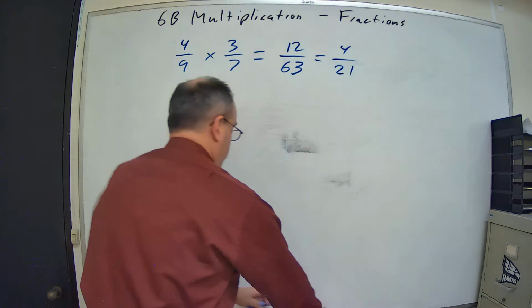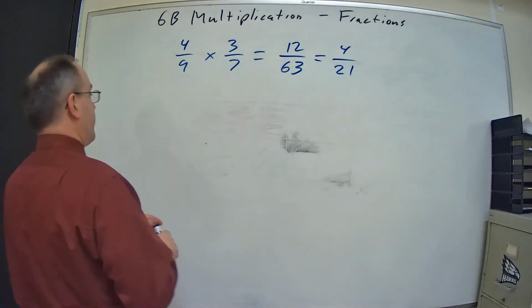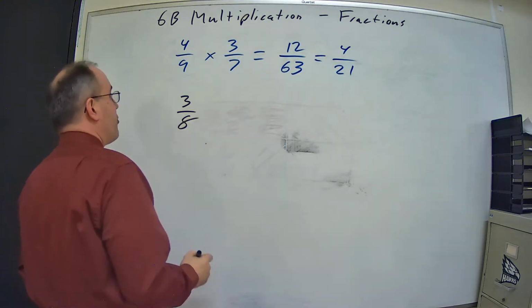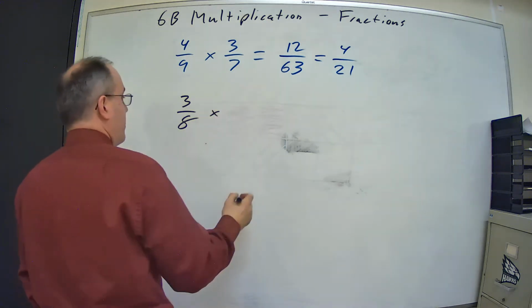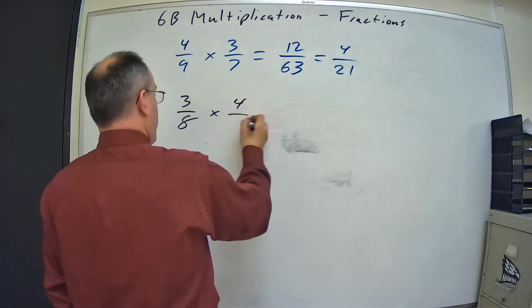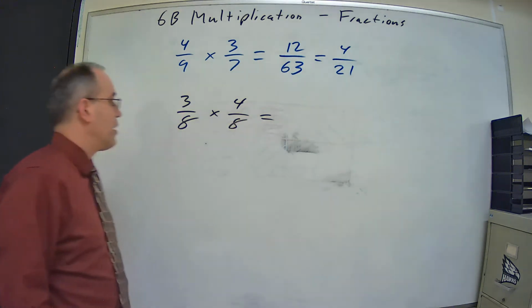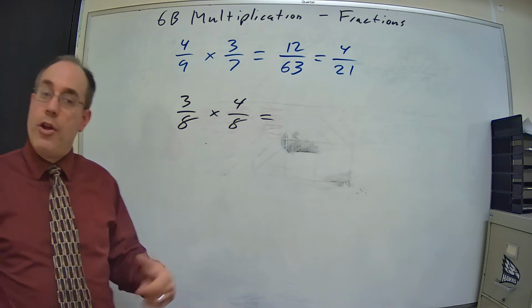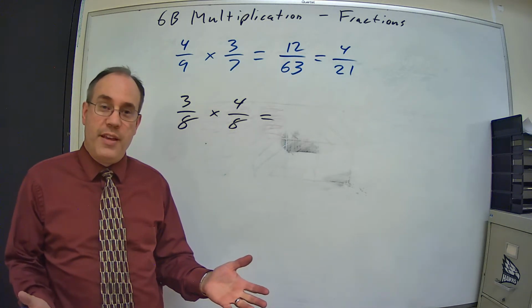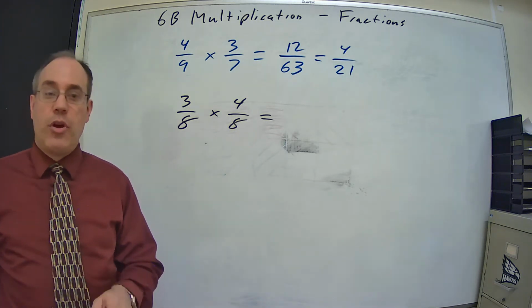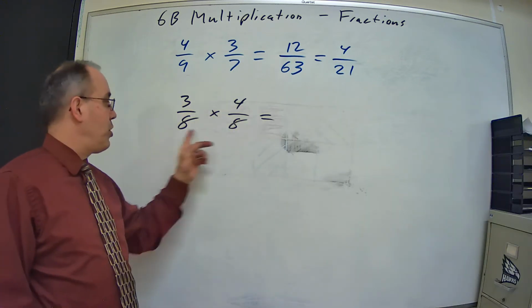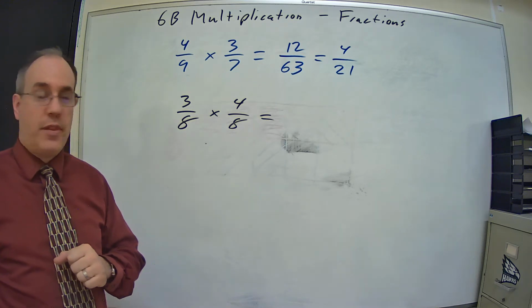Well, let's take another one. Three eighths times 4/8. So 3/8 times 4/8, common denominator. Do we care? No. We're not adding or subtracting, we are multiplying. And multiplying, we're going to multiply across the numerator, we're going to multiply across the denominator.